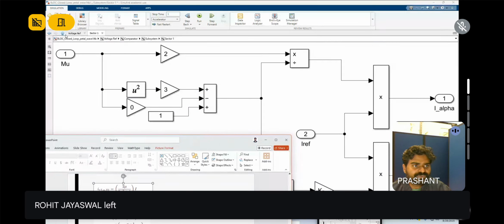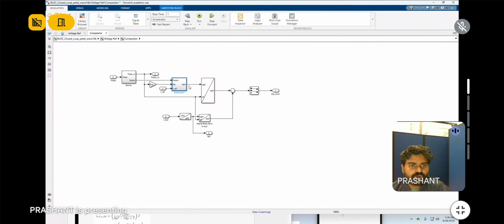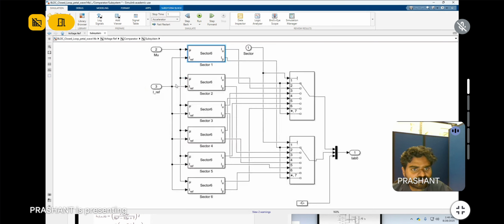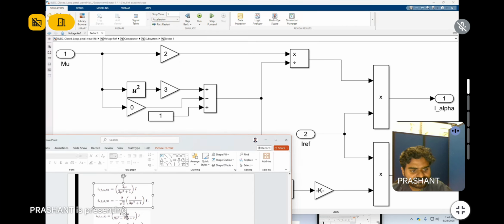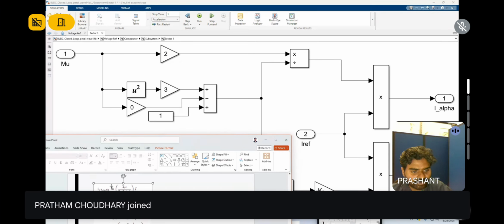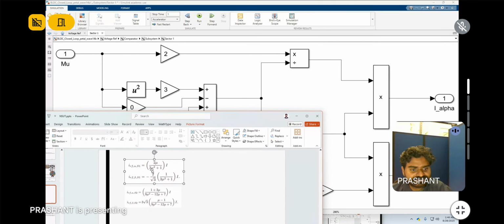Mu was nothing but some constants; I have written mu because it was common to all the terms. Mu was here, we can see, 2 by pi into theta is giving mu. So mu into 2 is 2 mu. At the bottom we can see here it is 2 mu by 3 mu square plus 1.